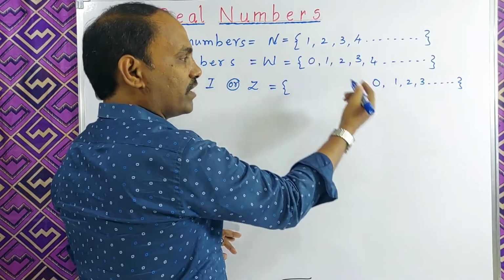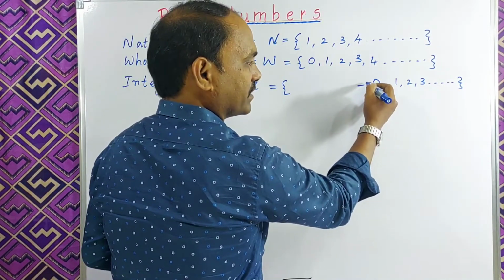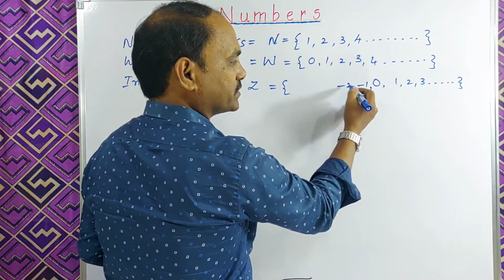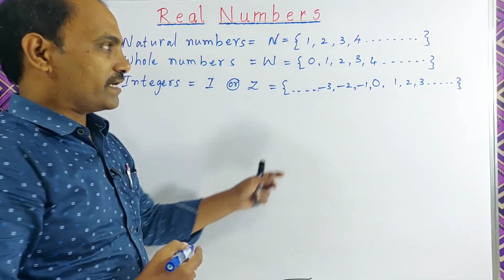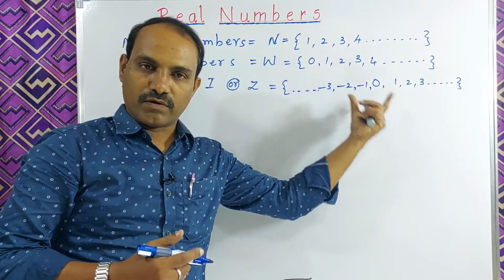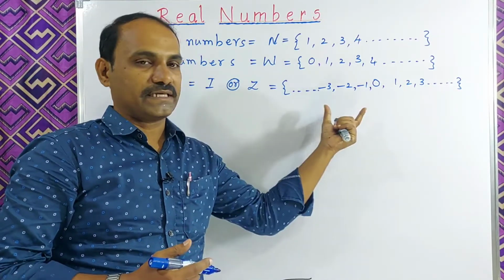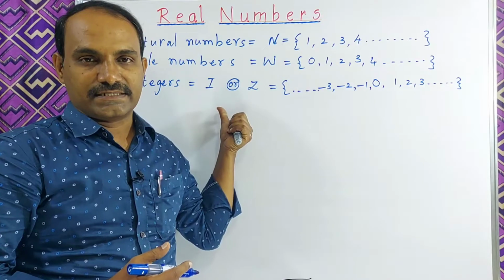When we add negative of natural numbers, negative numbers -1, -2, -3 and so on, then this number set is called integers.